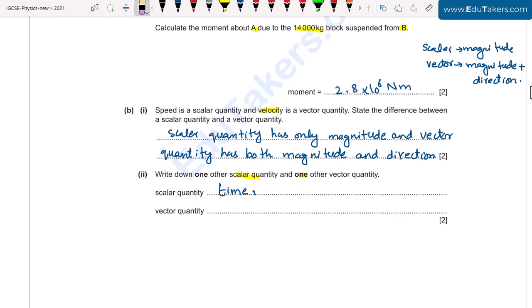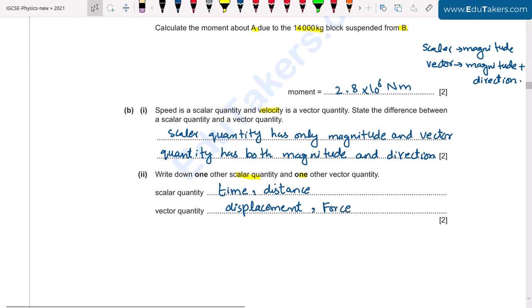Displacement is a vector quantity because it has a specific direction. So I write here distance, while displacement is a vector quantity, and force is also a vector quantity.